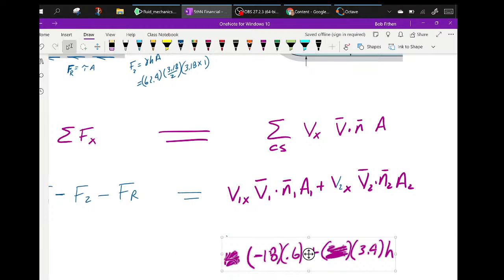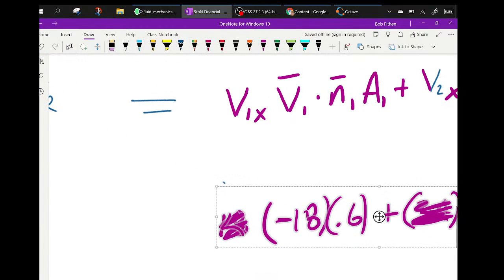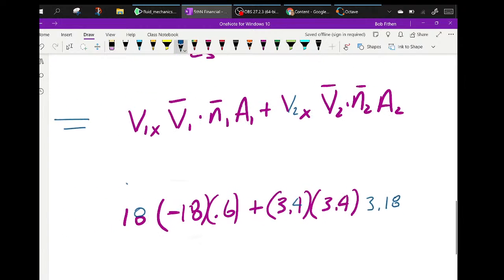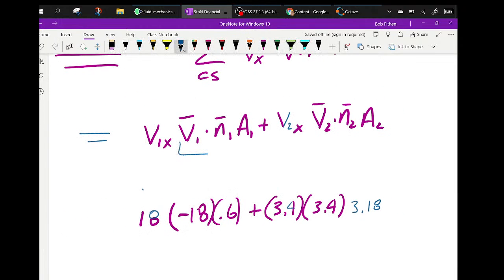I don't think I can do it this way, but I almost did. 3.4. Now, this is 3.18. So again, the same logic applies. This became negative because it's going in. This is simply the area times the X component of velocity. The X component is positive because it's going out in the area. So I'm going to figure out the right-hand side real quick.